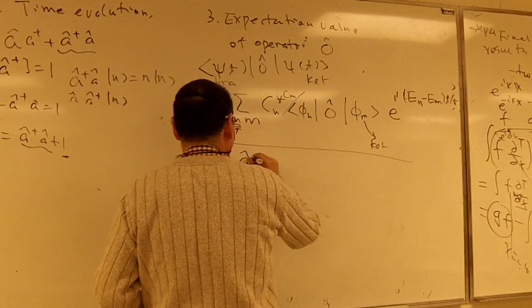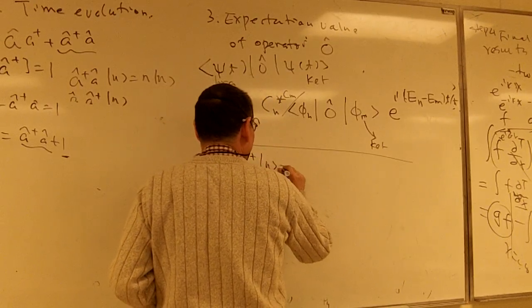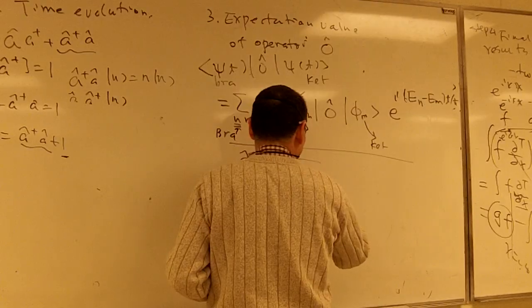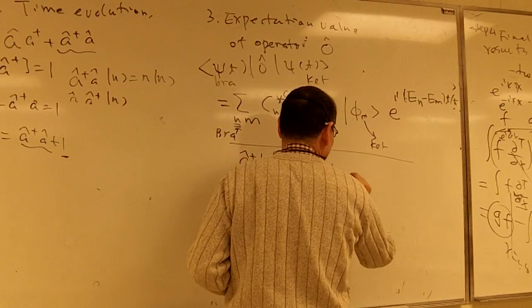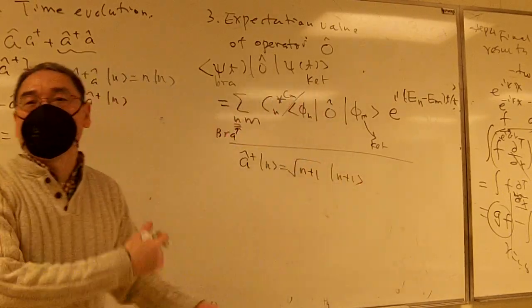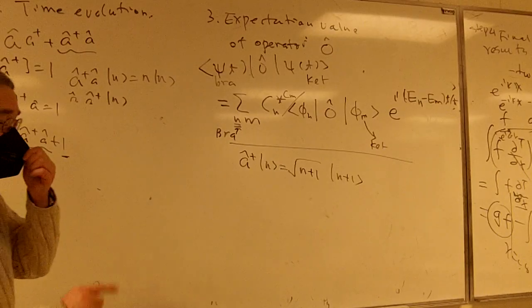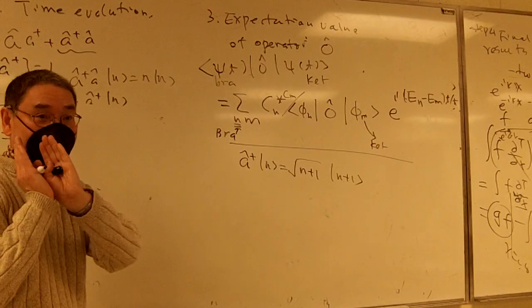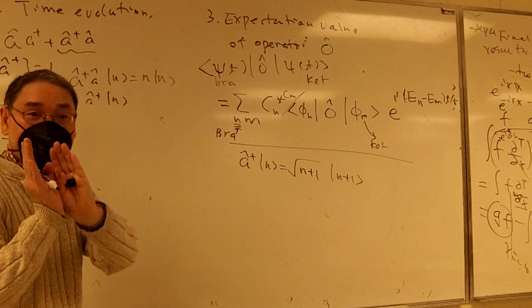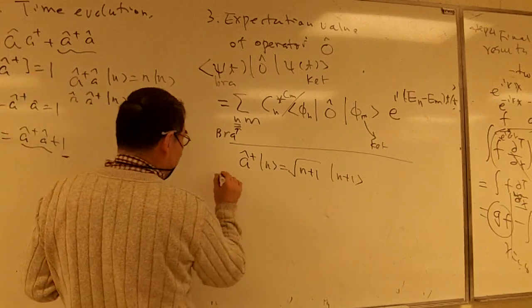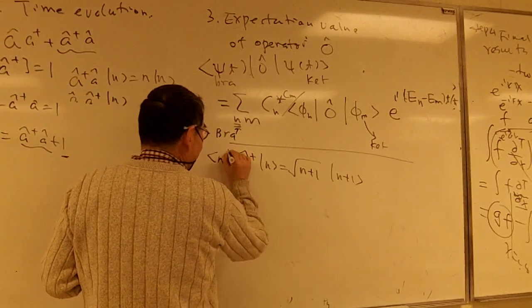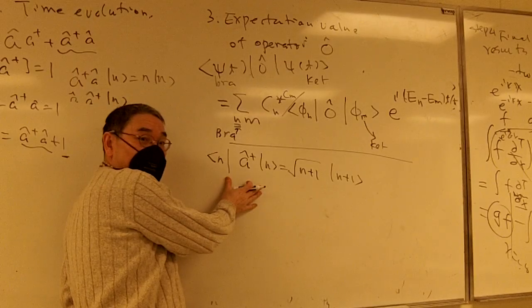So a dagger n, we know this equals square root of n plus 1 times n plus 1. So that's what we already mentioned a couple of times. Suppose I'm interested in the diagonal terms for this, right?